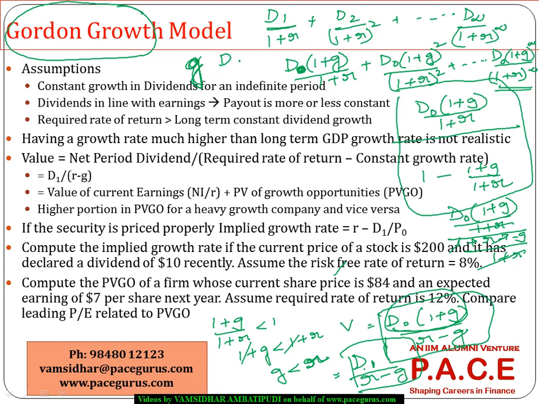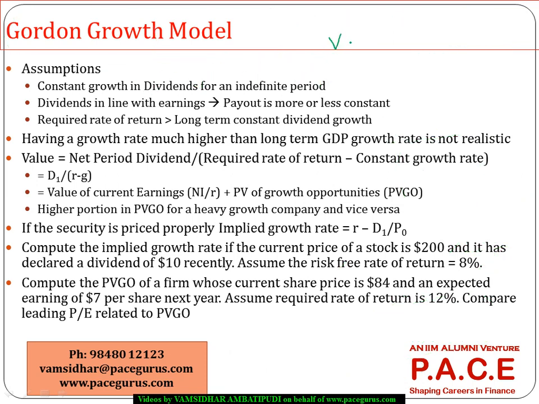In a no growth model, we take D1 by R, whereas here we take D1 by (R minus G), where G is the constant growth rate of the dividend payout. So the value of the firm is the next period dividend divided by R minus G. Sometimes people write it as the current period dividend into (1 plus G) by (R minus G). Both of them remain one and the same.